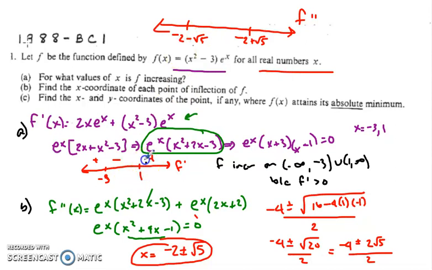And my local min is right here at x equals 1, where the derivative goes from negative to positive. So the absolute minimum of the function is going to happen at x equals 1, but they want the x and y coordinates. So I take 1 and I plug it into my original equation, and I get out negative 2 times e. So those are the coordinates of the absolute minimum of this function.